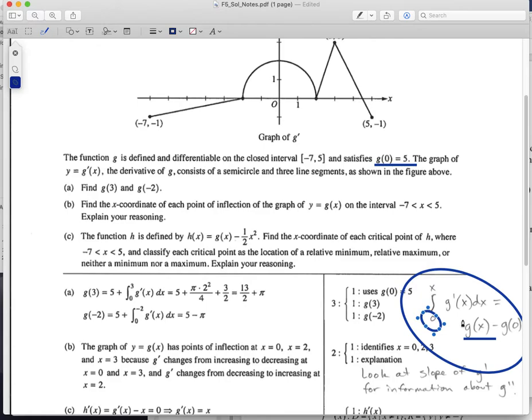Now I cooked this up because I know the fundamental theorem, but this is going to find me g of x. All I need to do is add g of 0 to both sides, and I've got g of x equals g of 0 plus this definite integral.